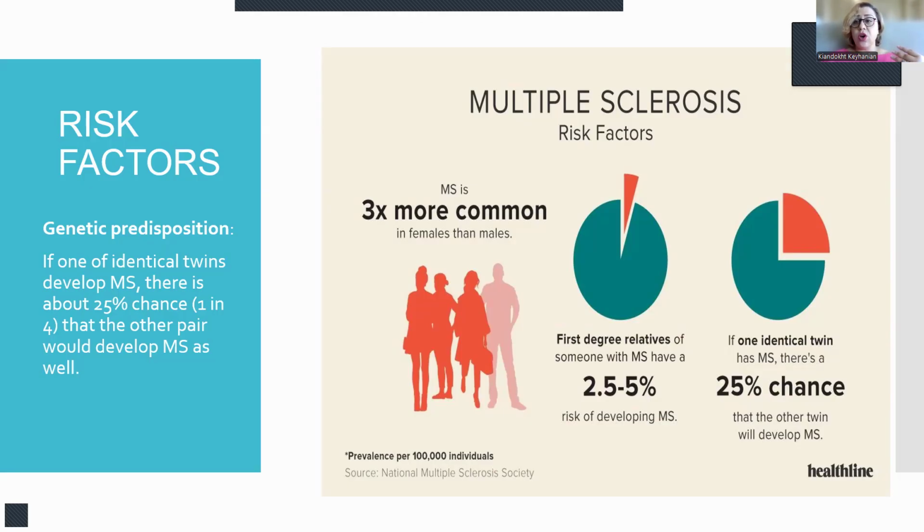You don't even share 100% of genes with your kids. They get 50% of your genes. So the chance of them having MS is definitely higher than the normal population, but it's not an absolute risk. If we can modulate the risks that are in our control, hopefully they won't develop MS in the future.